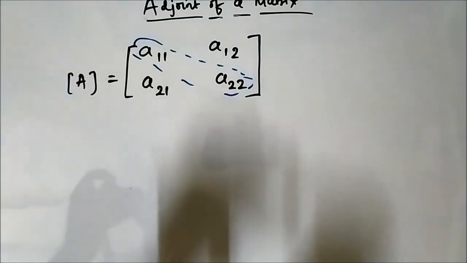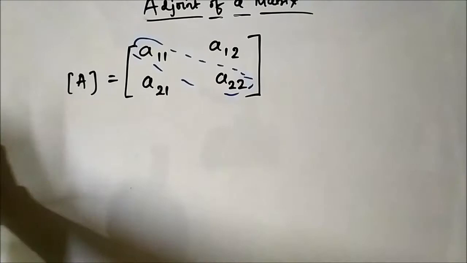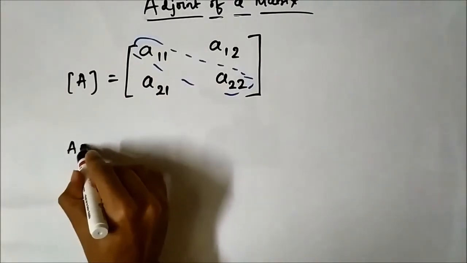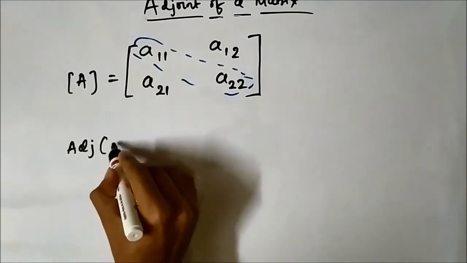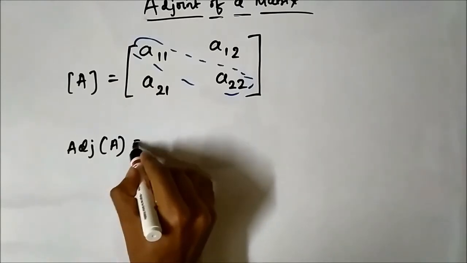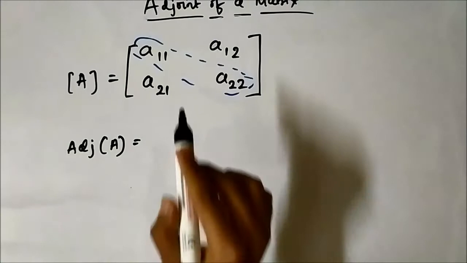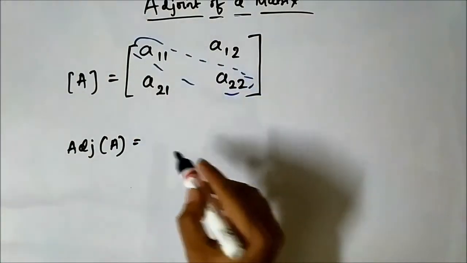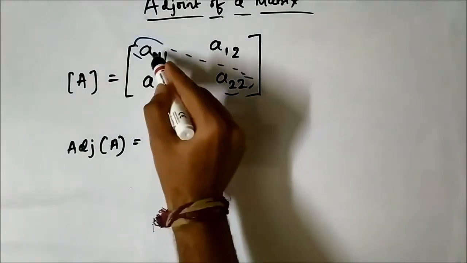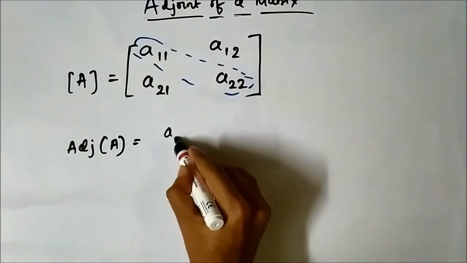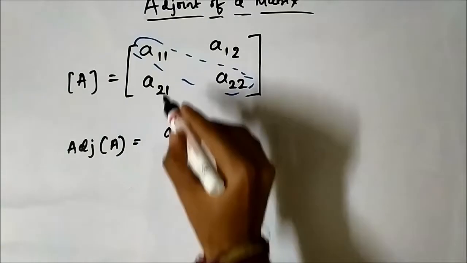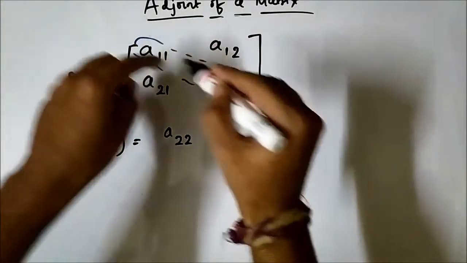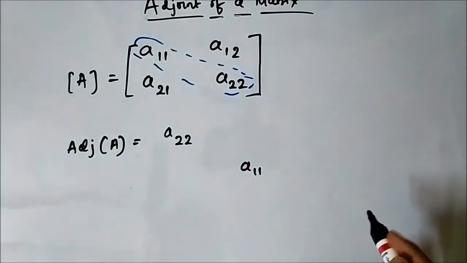Now the trick here is the adjoint. While determining the adjoint of the above matrix, the principal diagonal elements interchange their places. It means A22 goes here, A11 comes here. They switch places, they trade places.